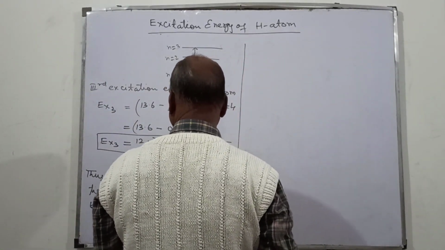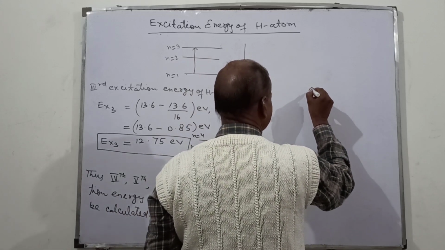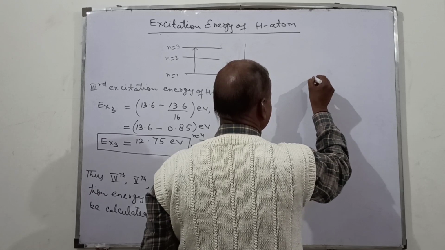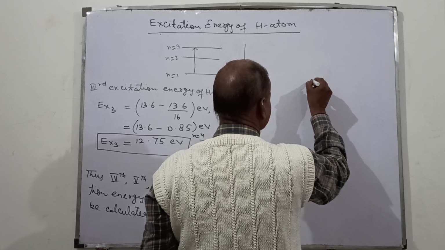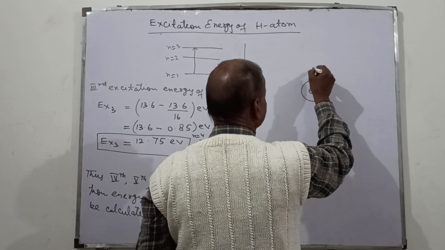Now in the diagram we can show it like this. This is the nucleus. This is the first energy state.